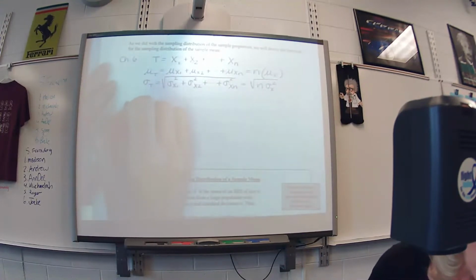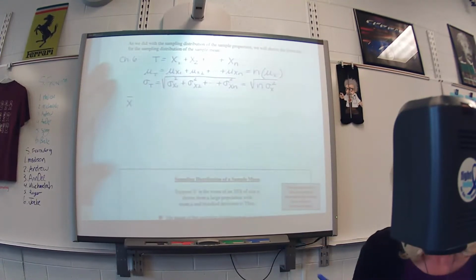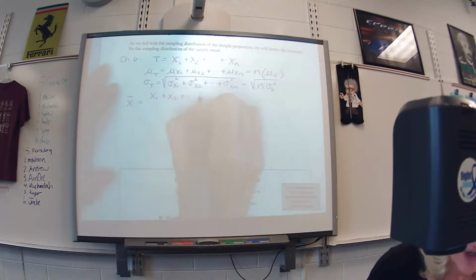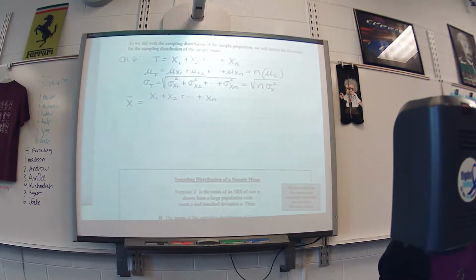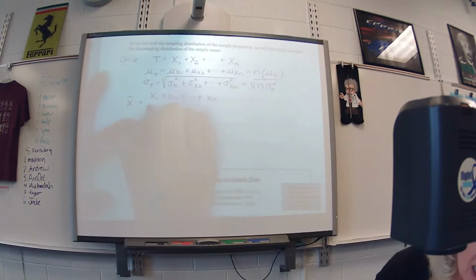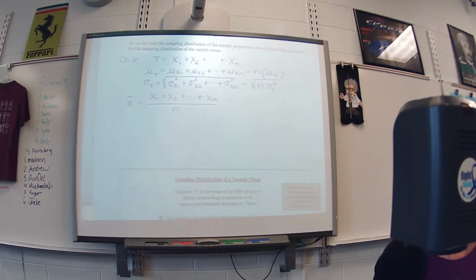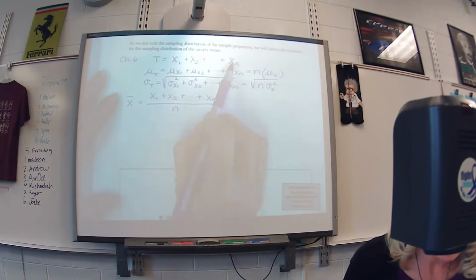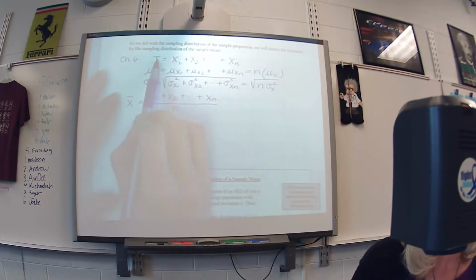So in summary, we could say that the average word length was the first word length plus the second word length plus et cetera, up to the nth word length. Now ours was 10, but add them all up and you would have to divide by your n size. But with a little bit of substitution here, all those x's added up, I defined as t, the total number of letters.